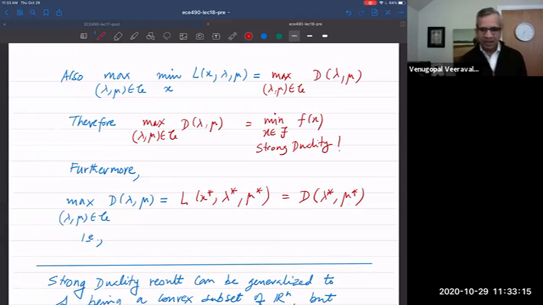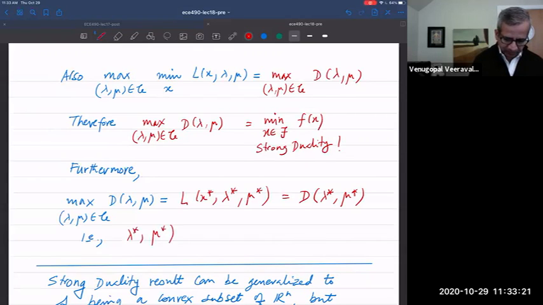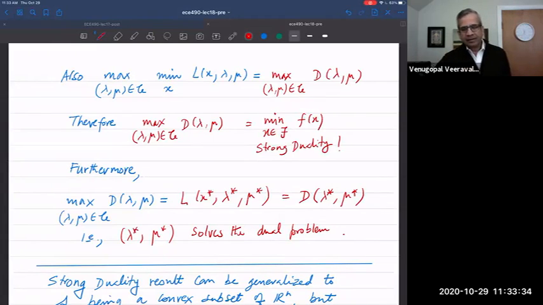So this means that lambda star mu star solves the dual optimization problem. Okay. So any questions?